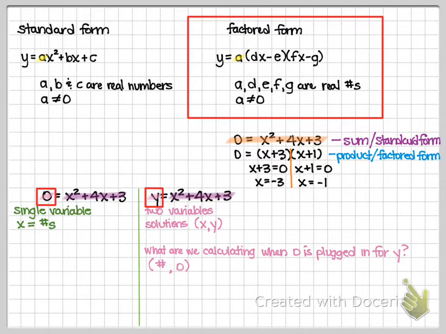Let's think about what that is on a graph. If I were to take a graph, doesn't have to be fancy, just a plain old coordinate plane, and I tried to plot some number, let's say 2, comma 0, that would put me over here on the x-axis. Aha. I think if I'm plugging 0 in for y, I'm actually finding x-intercepts.